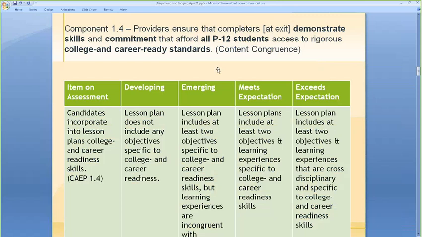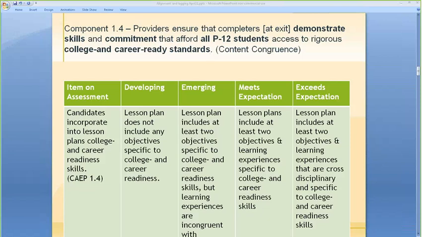I've put the language of the component up at the top here and highlighted a couple of key terms: demonstrate, skills and commitment, all P-12 students, and college and career-ready standards.